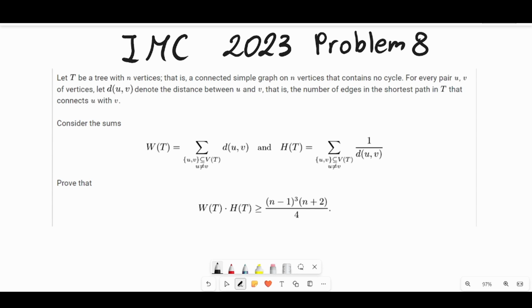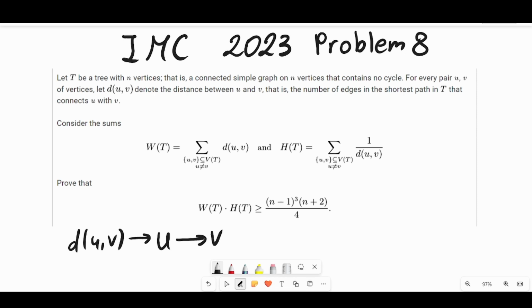In this problem we are given a tree. A tree is a graph which is connected, and there we don't have any cycles. By d(u,v) we denote the minimal distance from u to v.